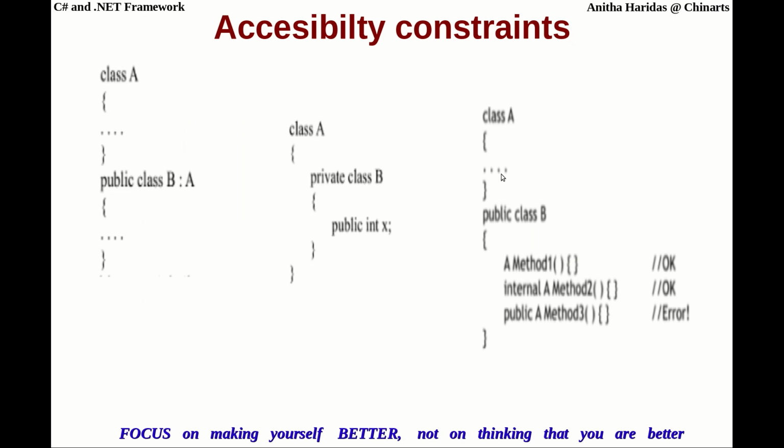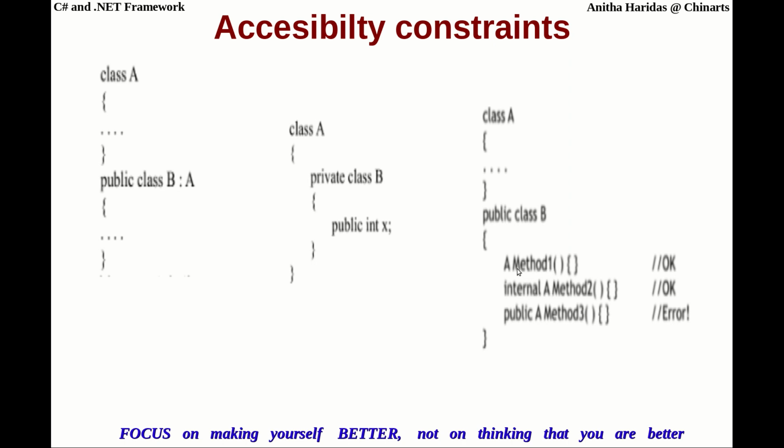Let us see. This is the example. I have a base class A which is internal. I am declaring a public class B which derives the properties of A. Now what I am going to do, I am declaring a method.